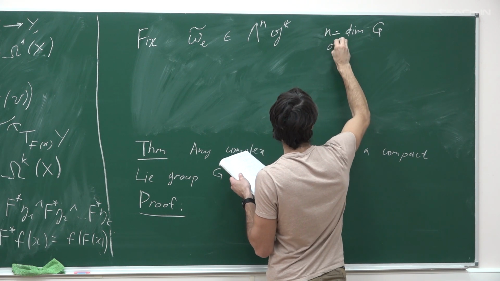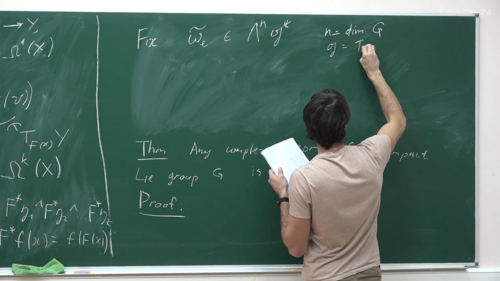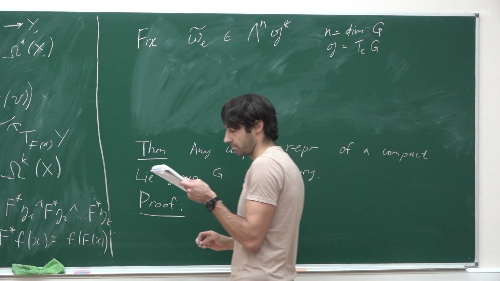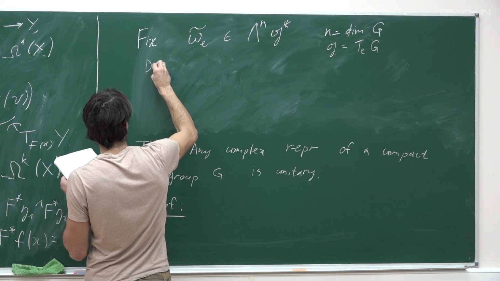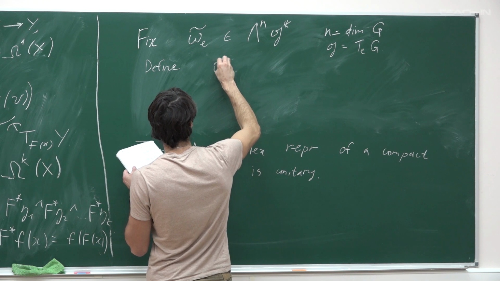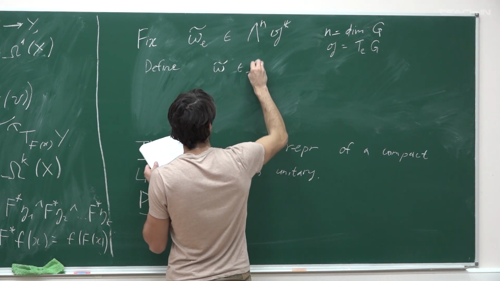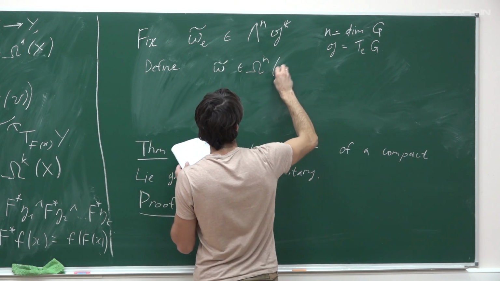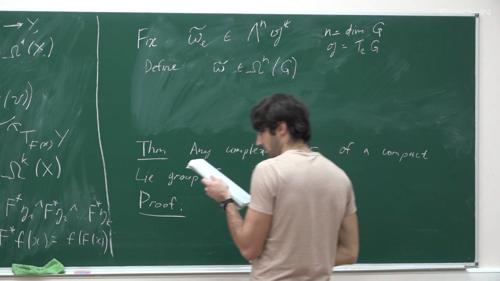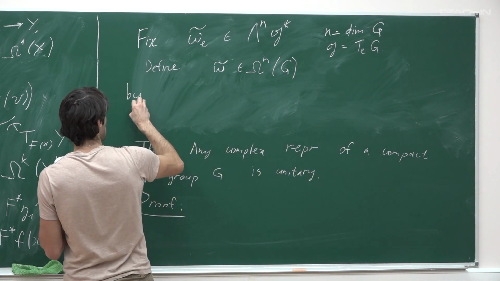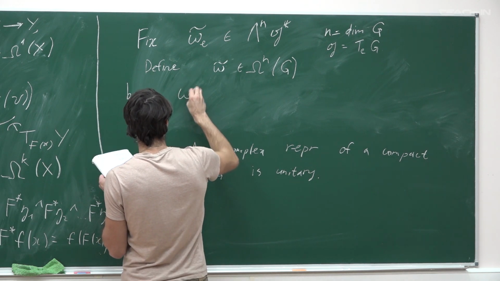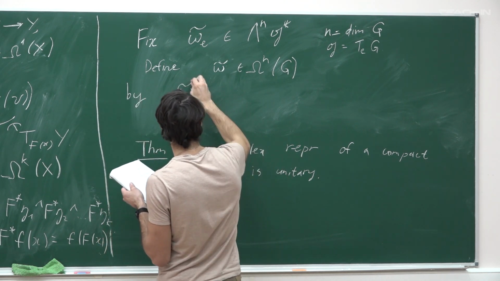Well, g is of course the Lie algebra of the Lie group G, and then I would like to define omega tilde. It's an n-form on G, by the following. I just need to take omega tilde.